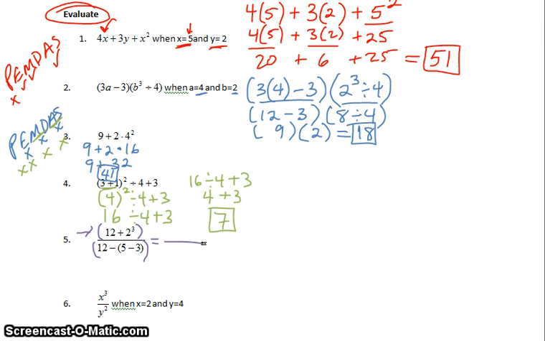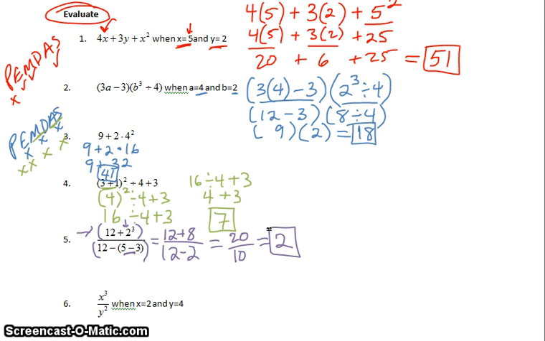We have to do the exponents before we do any addition. So we're left with 12, and then 2 cubed is 2 times 2 times 2, or 8. We have parentheses here we have to work on in the denominator, so we're going to have 12 minus 2. Now 12 plus 8 is 20. 12 minus 2 is 10. 20 divided by 10 is 2. Don't forget to divide in the end.